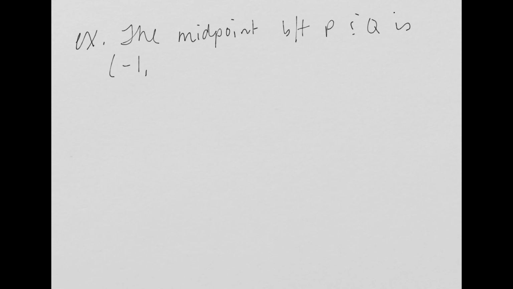So for example, let's say that the midpoint between P and Q is (-1, 3). If P is (4, 6), what is Q?